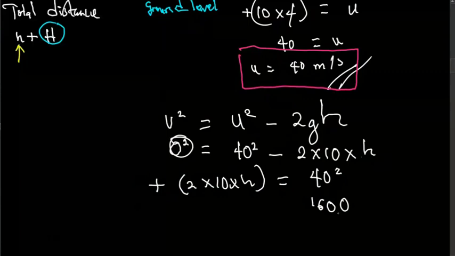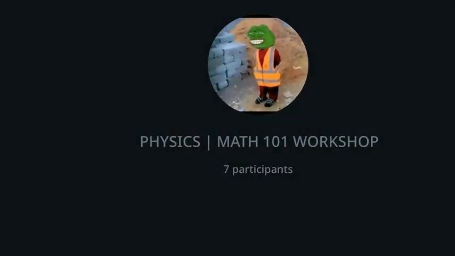How do I know this? 4 times 4 is 16, plus 2 zeros. 1,600. That's how I got it.